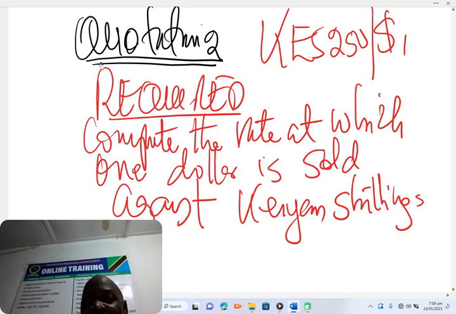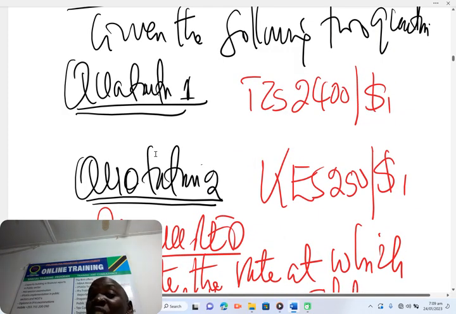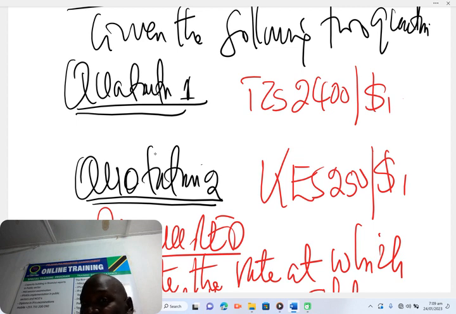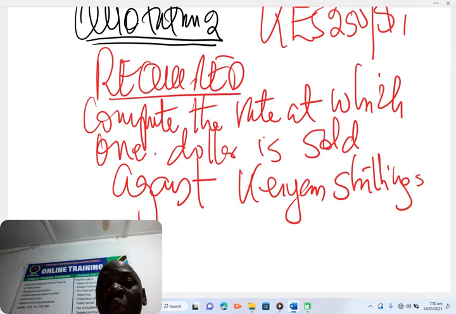So, you can see here in our quotation that $1 is sold for how many Tanzanian shillings? 2,400, isn't it? Again, $1 is sold against how many Kenyan shillings? Oh, sorry. I have misread this question. Compute the rate at which 1 Kenyan shilling is sold against Tanzanian shillings.